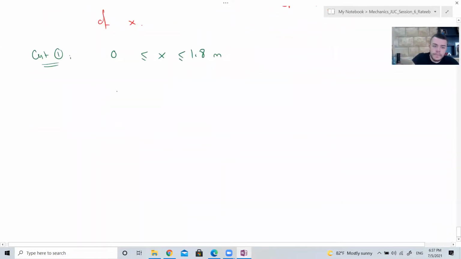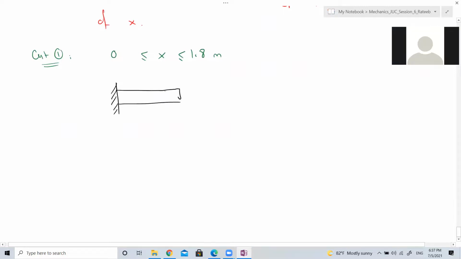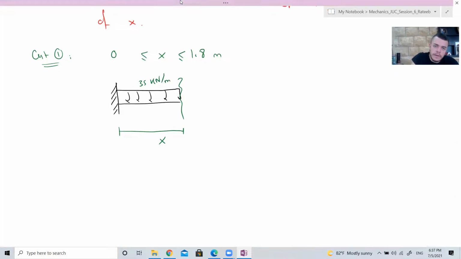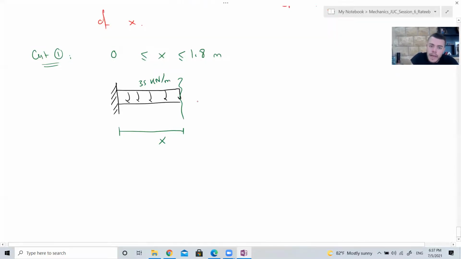And if you take a cut like this, this would be x, and this would be 35 kilonewton per meter. If you take the cut, you would have a normal force, a shear force, and the bending moment like this.